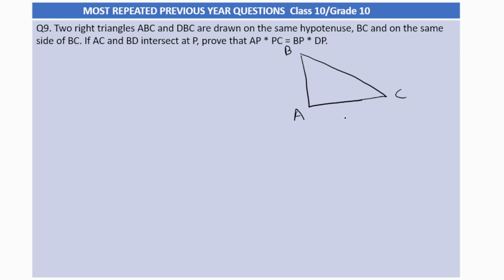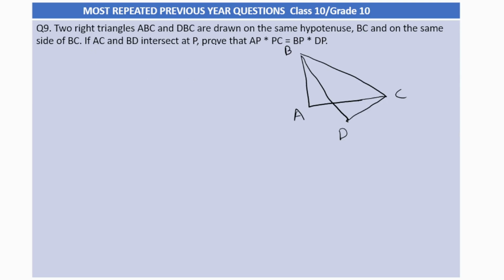So, D point, let it be here. Let's take this point as D and then draw a right angle triangle, at least by looks. We'll try to make it as much as possible a right angle triangle. Okay. Now, what we need to prove, and on the same side of BC. So, both the triangles ABC and DBC are on the same side of the hypotenuse BC.